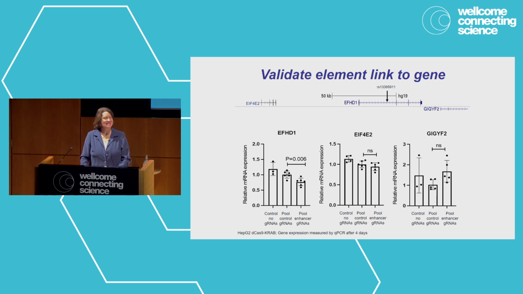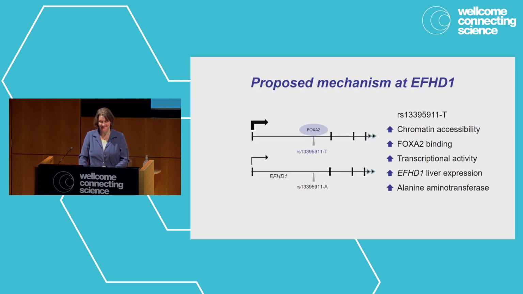So we can take together all of these different types of data and propose a mechanism for how this GWAS signal could be having its effect. How do the DNA variants lead to an effect on that trait? So we've shown that with this particular variant and allele, the T allele here corresponds to increased chromatin accessibility.